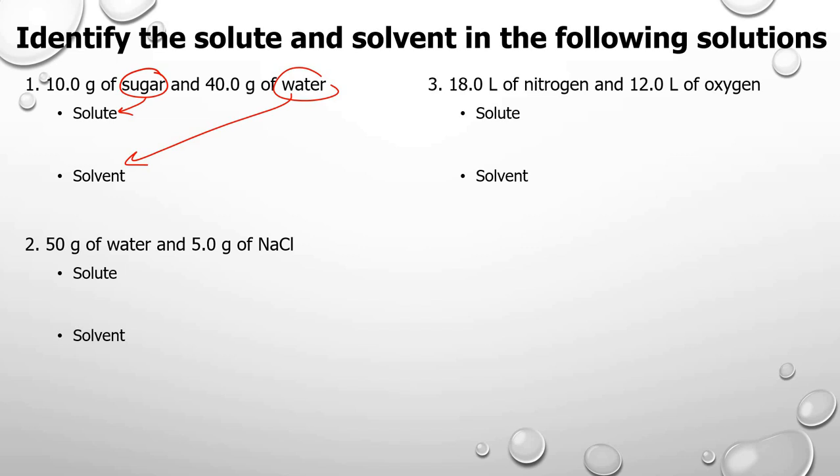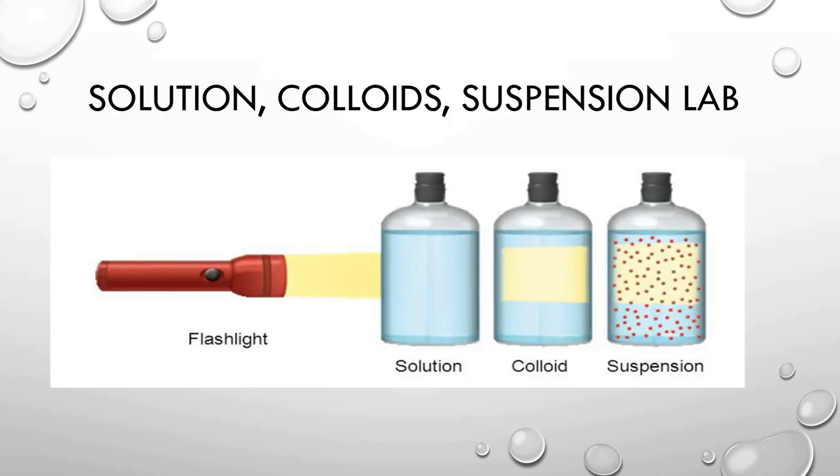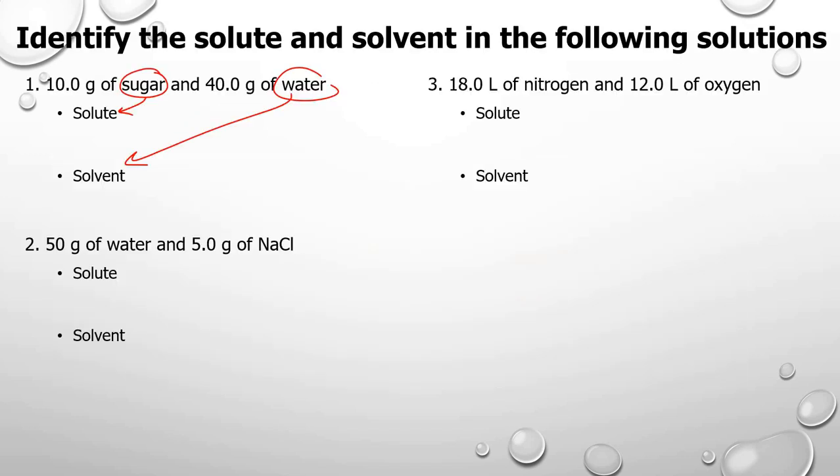Okay, would you check the others? See what you can do with those real fast. Decide which is what. I don't have the fourth one up there, do I? Oh, the third one, sorry. So the next one should be fairly easy.